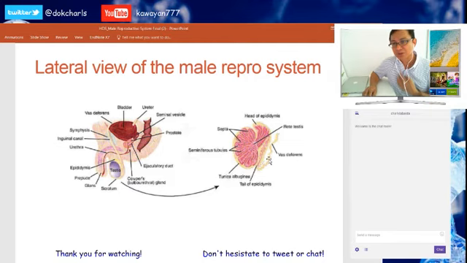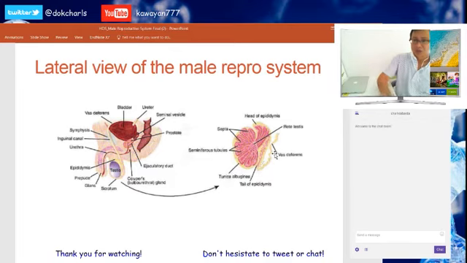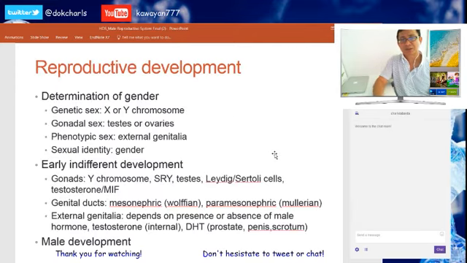And of course you have your tail. This is the tail of your epididymis, which leads to your vas deferens. So those are the anatomical structures that you need to take into consideration when you look at your male reproductive system.